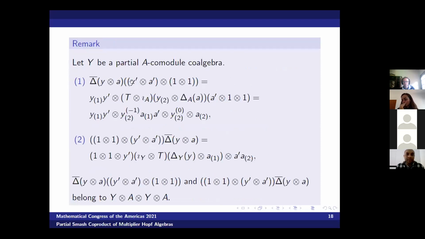Here, this remark is just to show that in some cases it's easy to rewrite this expression in the sigma notation, but in others it's not so easy. But we can prove that we have this expression in the tensor.